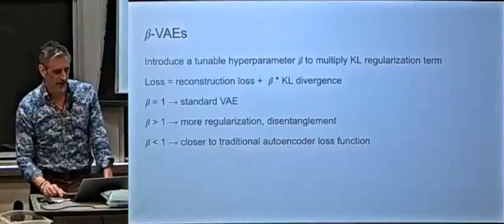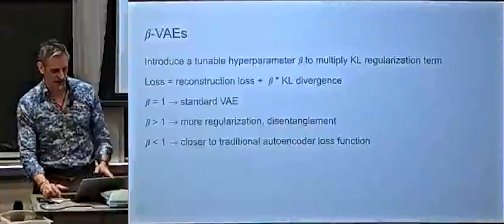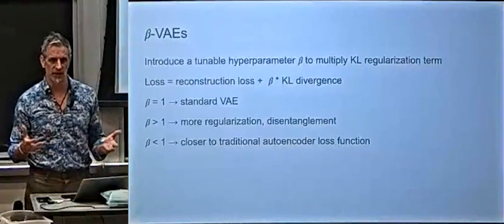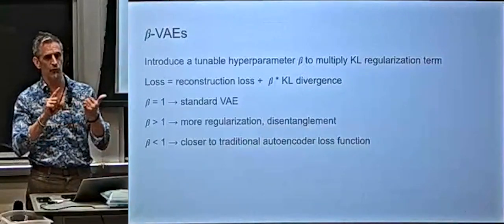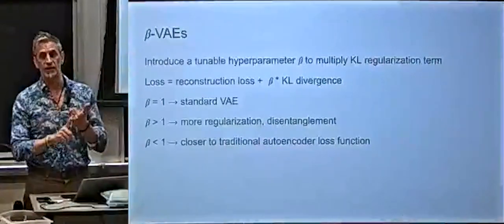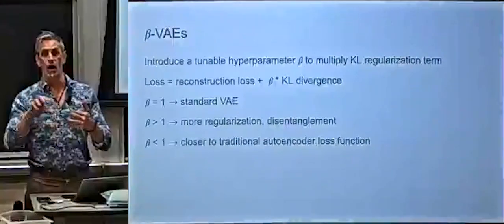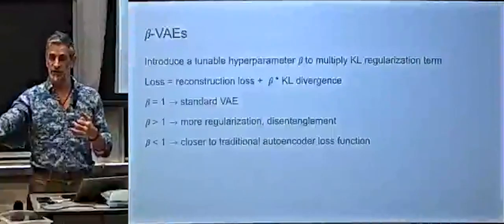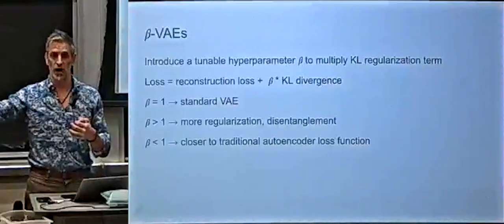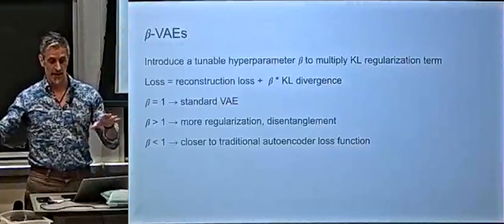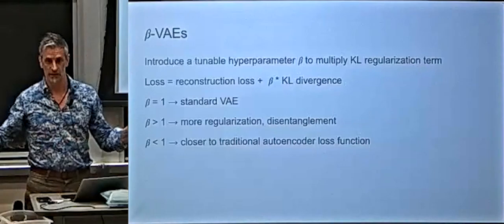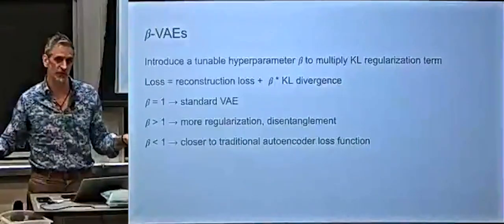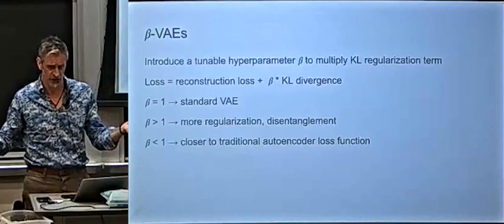We've got this ELBO term, and we're going to use that as our loss function. It has our reconstruction loss and the KL divergence of the distribution of our latent vectors compared to our prior, right? If we set that weight to 1, that should be correct, because we derived it from first principles. It technically should be 1.